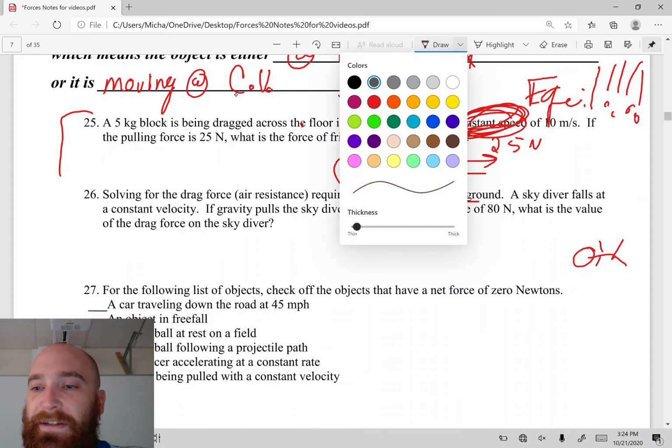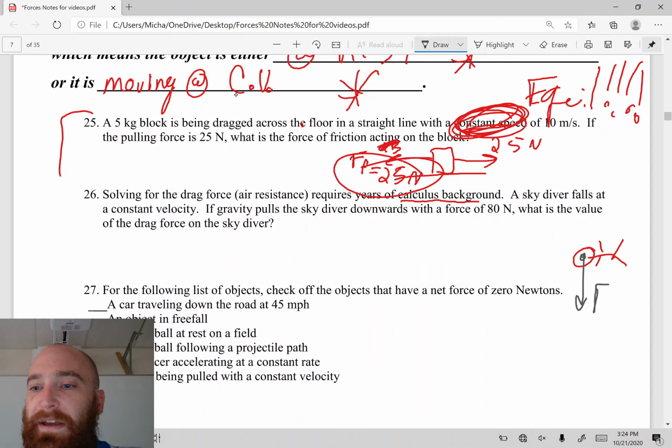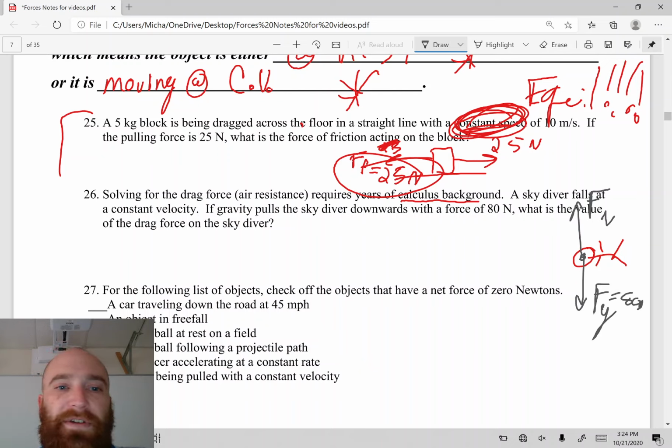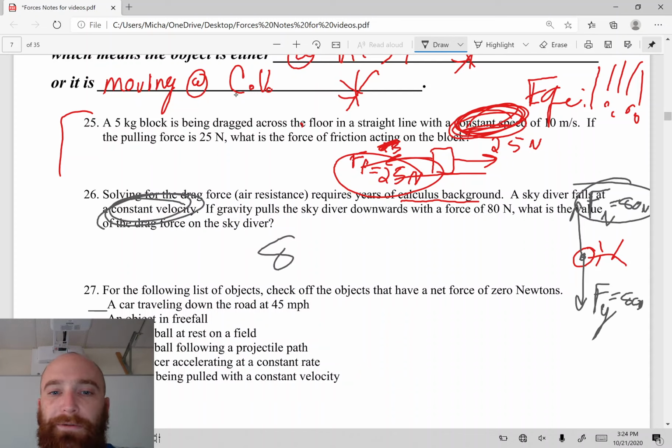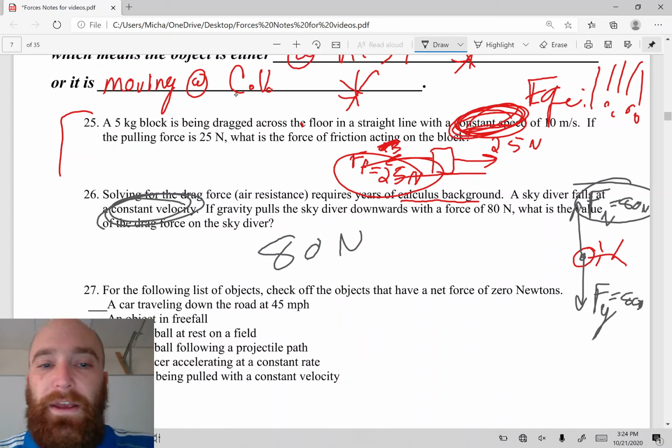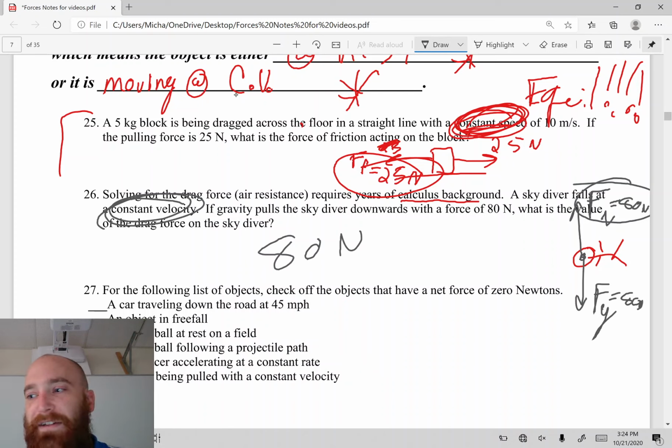Okay, so that means that gravity is pulling down on our skydiver. There's air resistance pushing upwards. If the gravity pulls down with 80 newtons, what is the value of the drag force? Well, we're in equilibrium, right? Because we're at a constant velocity. That means that its value is 80 newtons, and we're done. You didn't need to know any calculus. You barely need to know any math for that. Once you realize it's constant velocity, this problem is done for you.